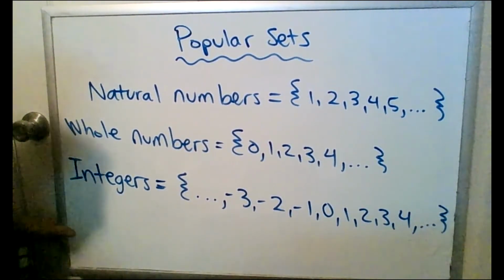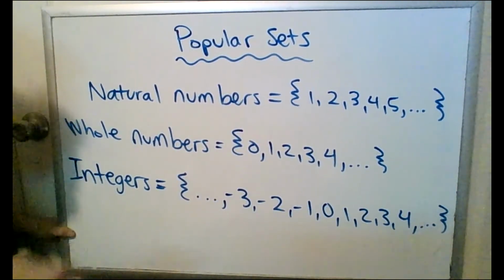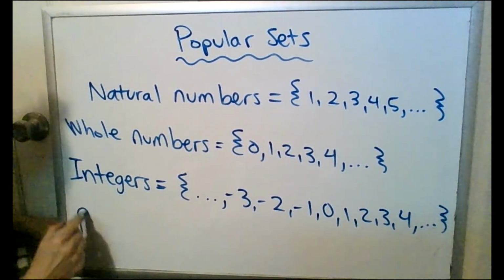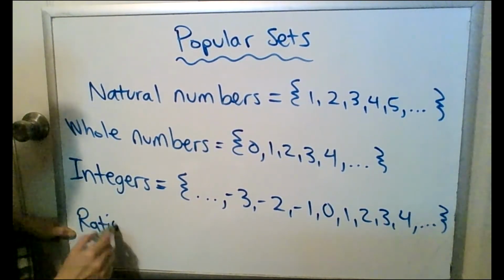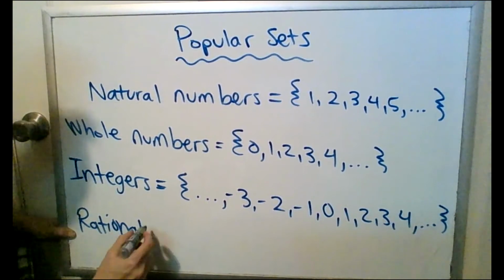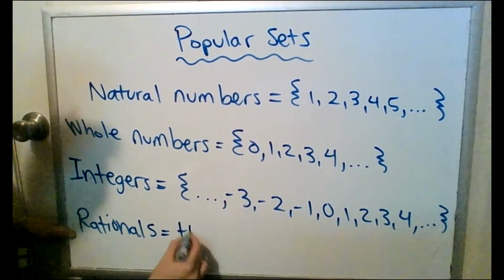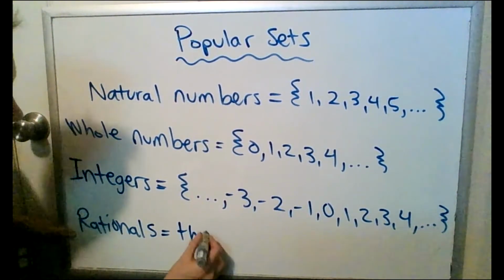Okay, now we're at the rational numbers, which are numbers that can be written as fractions. We're just going to write it out.